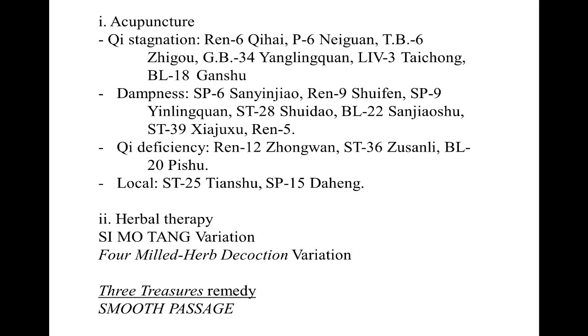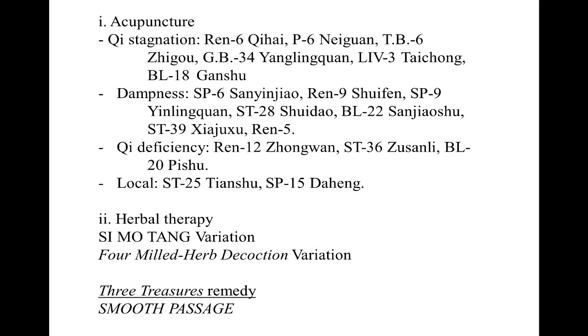So I isolate here the points according to pattern for Qi stagnation. We already discussed all those. We don't need to discuss them. Dampness also, we have discussed all those points. All those points there promote the transformation of fluids and eliminate dampness.